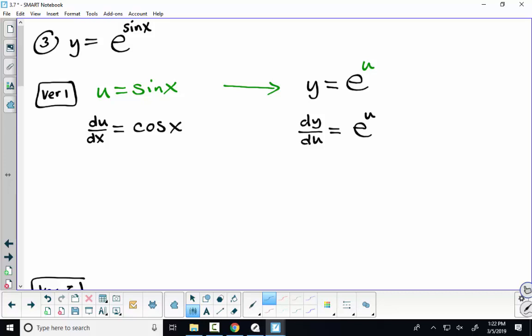Derivative of e to the x is e to the x. So the derivative of the original function, y prime, is the product of these two derivatives. It's e to the u times cosine x. And then we'll resubstitute for u.